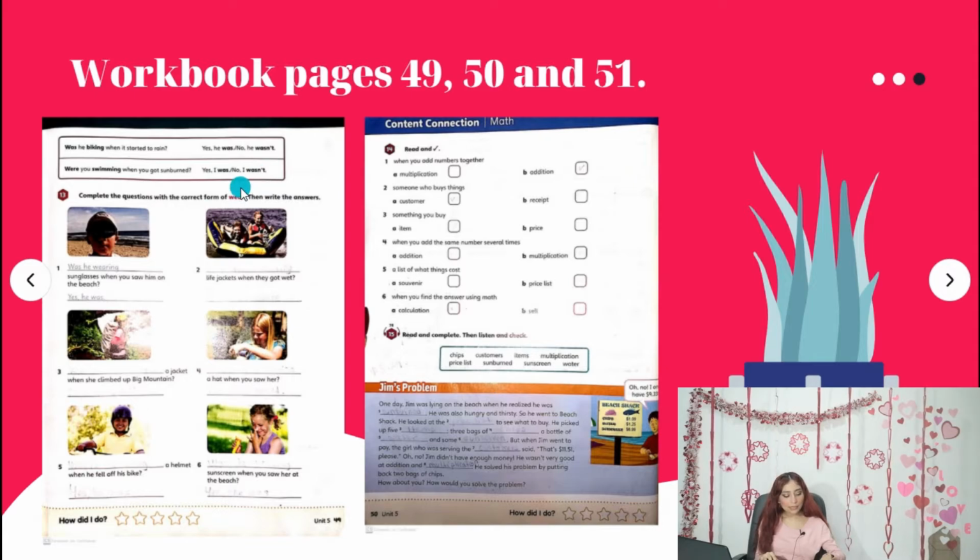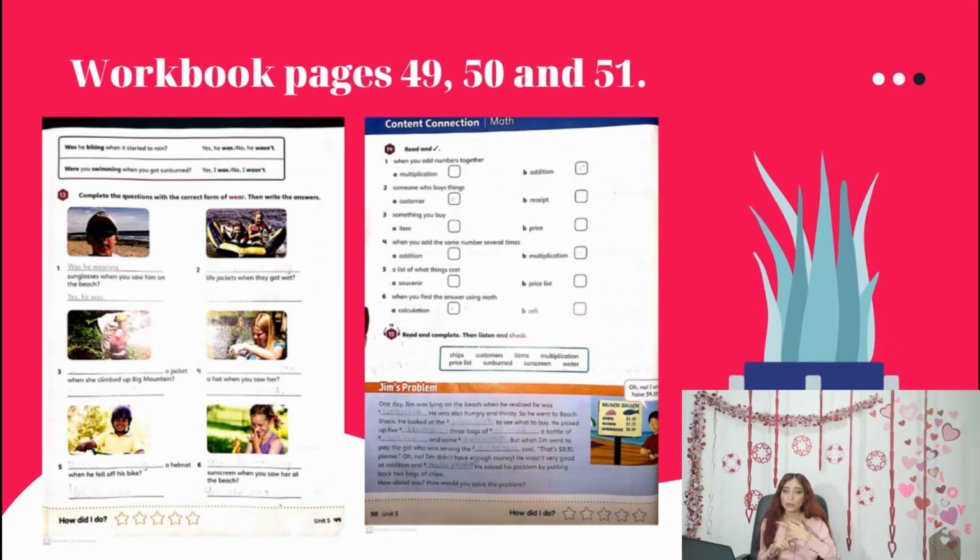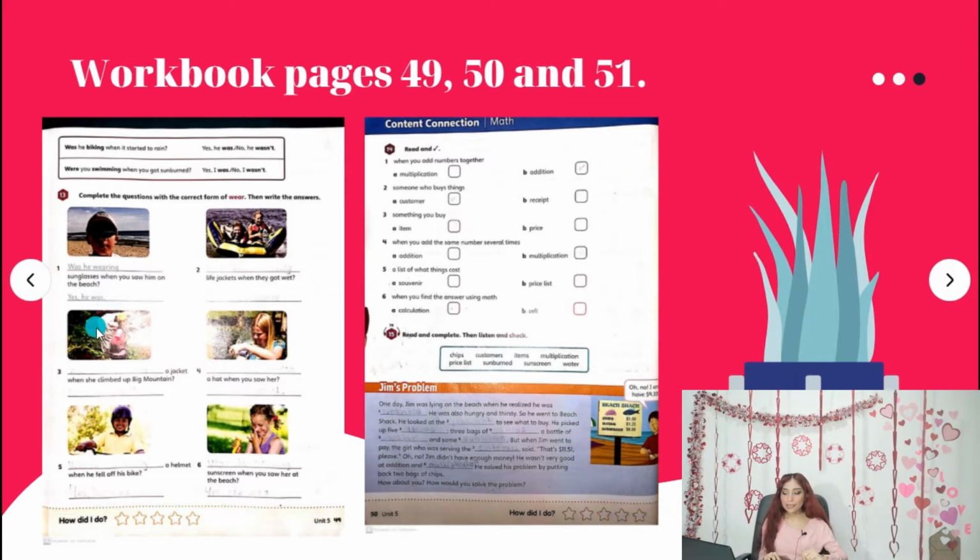Activity 13 says, complete the questions with the correct form of were. Okay, the verb that we are going to use is wearing: was wearing, were wearing. So example number 1. Was he wearing sunglasses when you saw him on the beach? Yes, he was. And that's it. Now, number 2 is going to be the same.